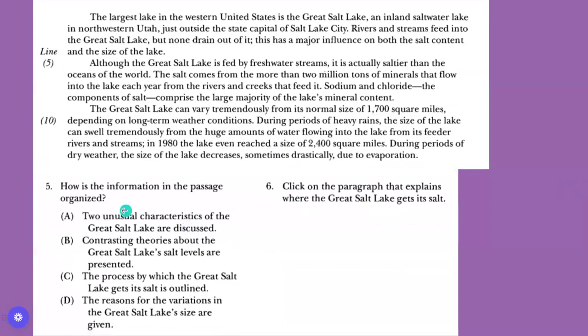Here we have, how is the information in the passage organized?